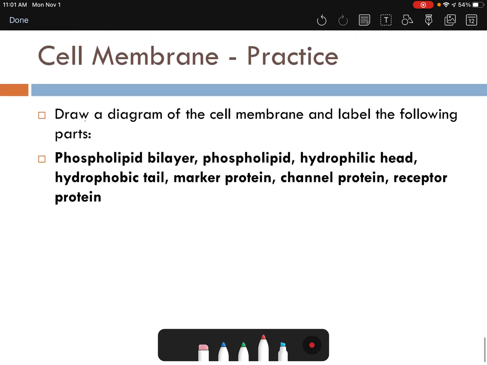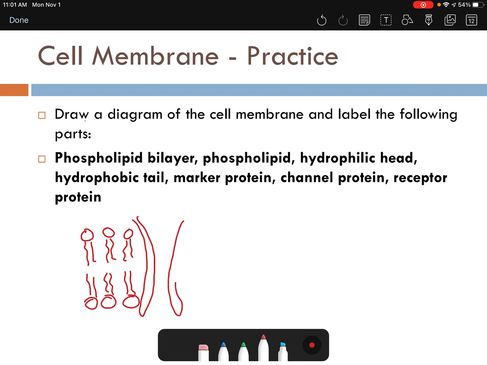Okay, so here this gives you some practice to draw in the cell membrane. And so if you were to first of all draw in some of your phospholipids like that, remember you have to make it a bilayer, excuse me. Okay, and let's say I wanted to make a channel protein here to allow passageway of materials in. This is my channel protein.